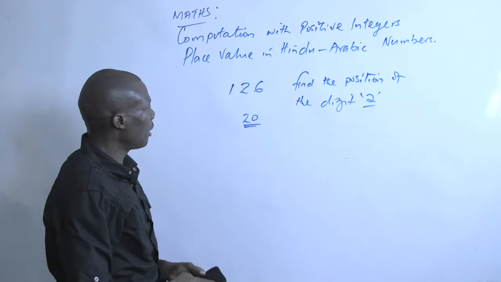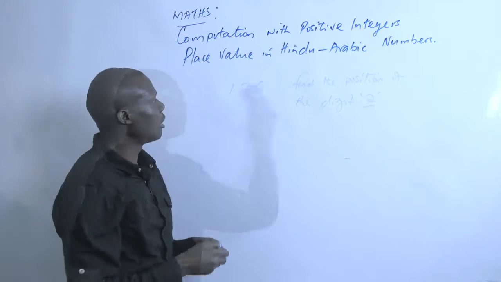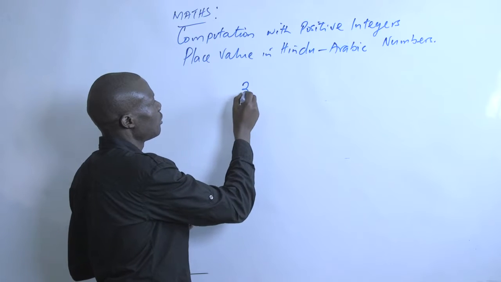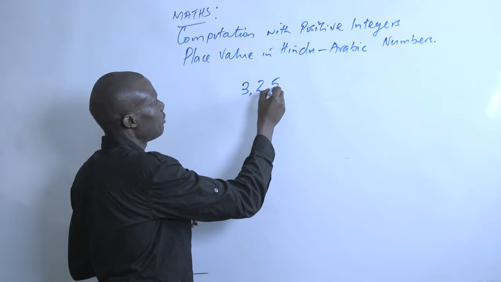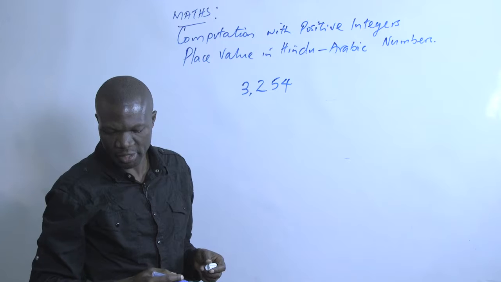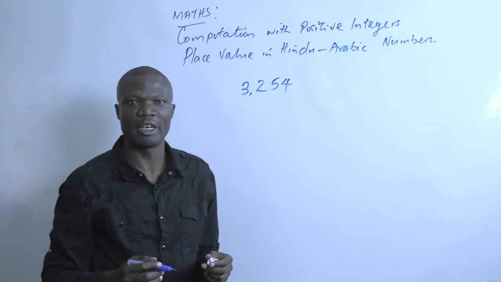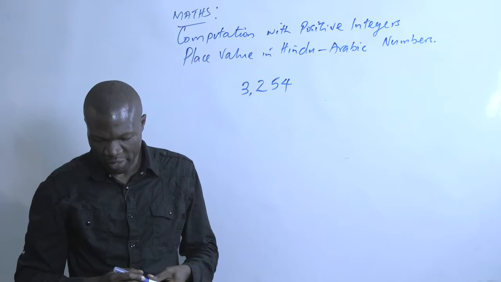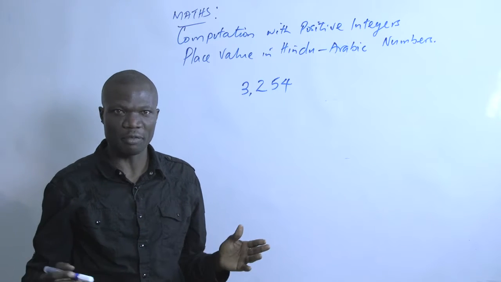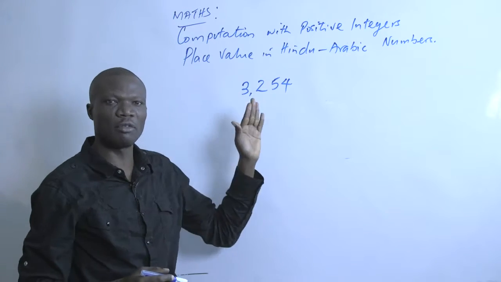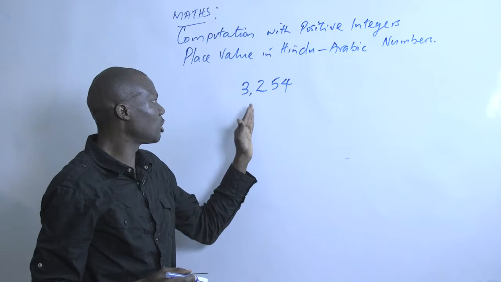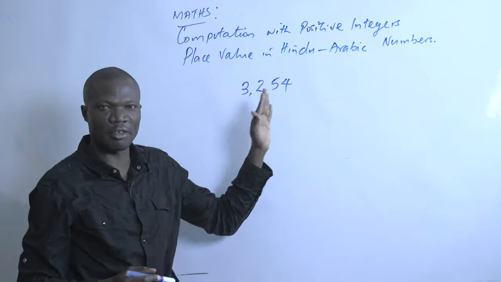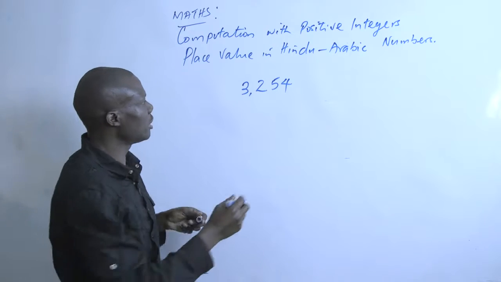Now, another number, 3,254. This can be broken down in expanded form so that we can know the value of each digit at any given position.